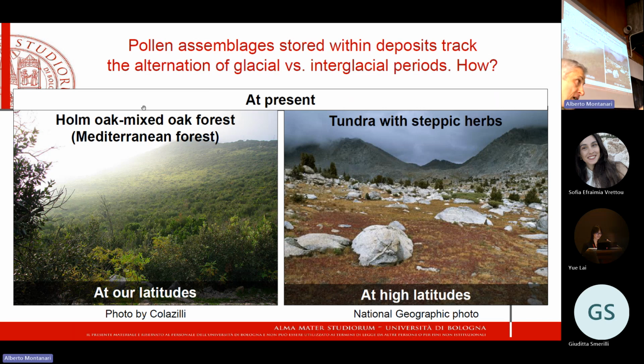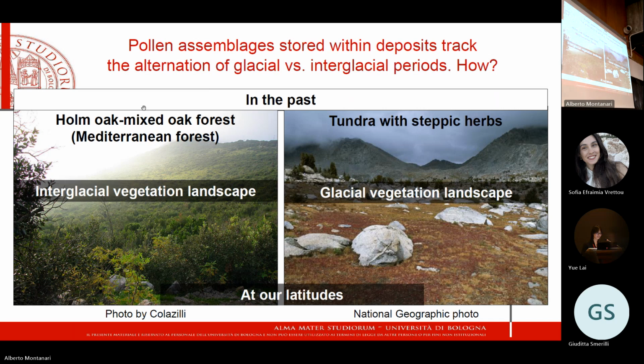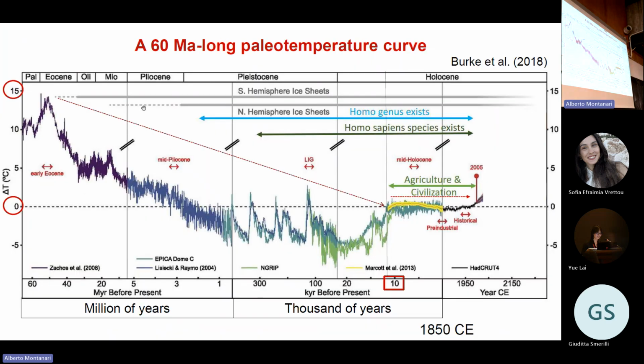This is another additional information that we can get. Glacial vegetation, interglacial vegetation. Glacial interglacial, because we are also very interested in trying to learn more about glaciation, interglacial periods, and variability within glaciations, because we will see, I think it's already here.